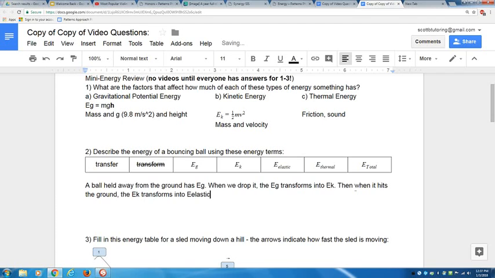That's our elastic energy, and that's what's going to allow it to bounce back up. So the Ek transforms into E elastic and transfers some of its energy to sound and heat because of the contact.